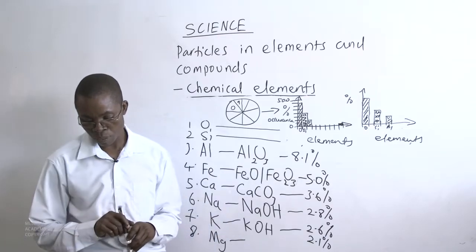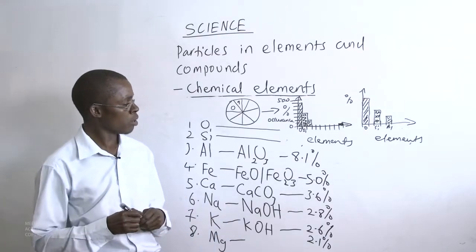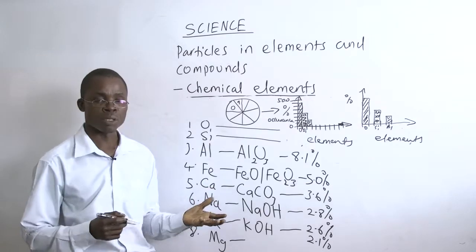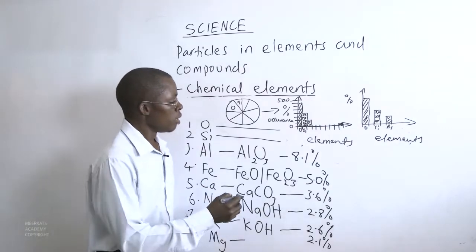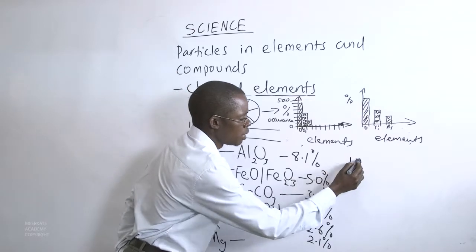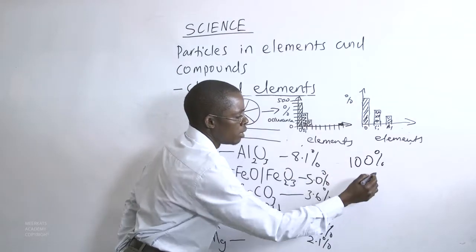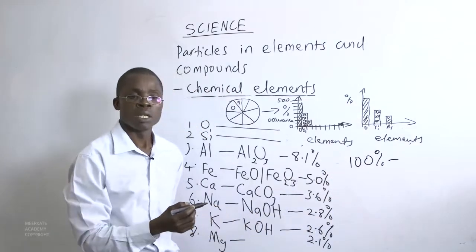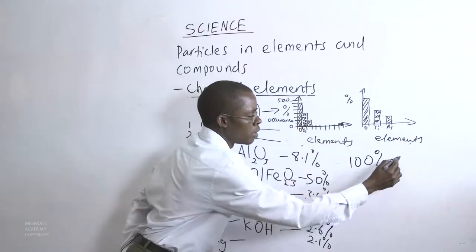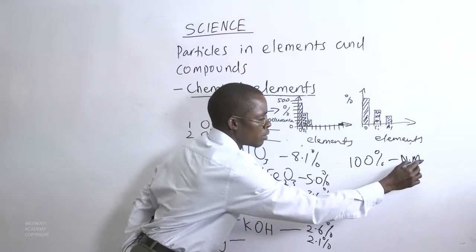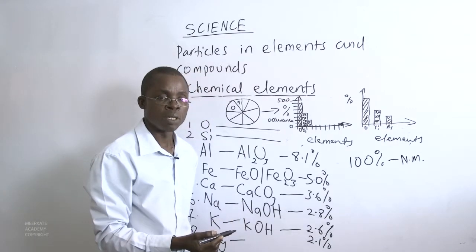So to get the percentage of metals, you just get out of 100%, we subtract the percentage of non-metals. You can get out the non-metals, then you will get the metals.